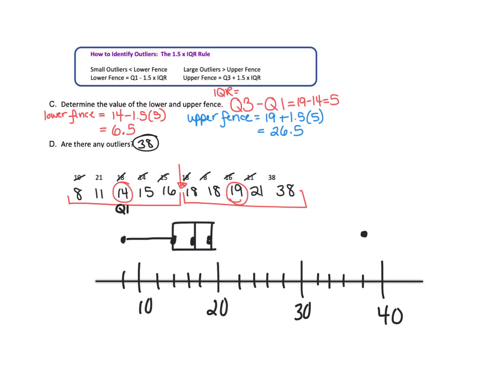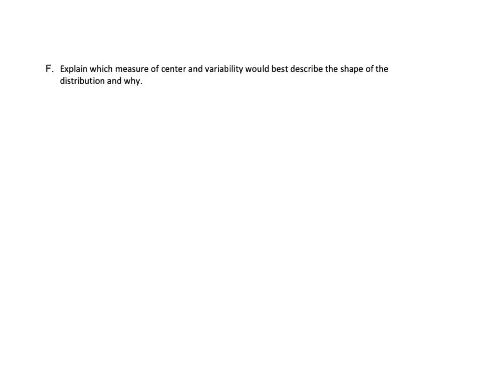So it's just going to change this whisker. So rather than the whisker going all the way up to 38 like it did before, it's just going to stop here at the number that came before 38 in our data list, which was 21. So I'm going to stop my whisker right here at 21. Now you will also sometimes see outliers identified like with a little asterisk instead of just a point. I'll accept either.